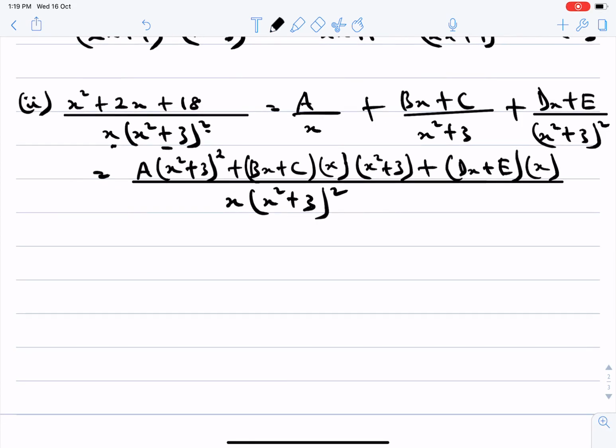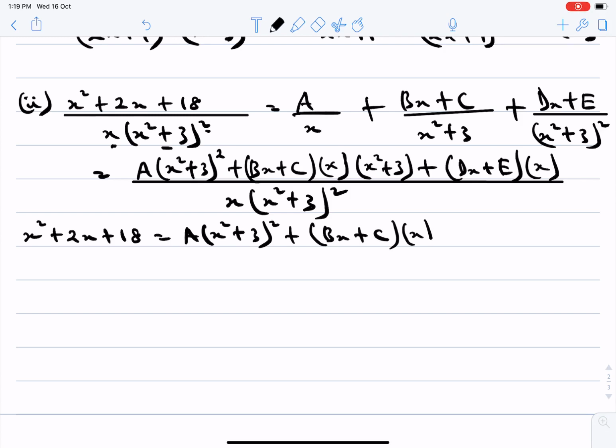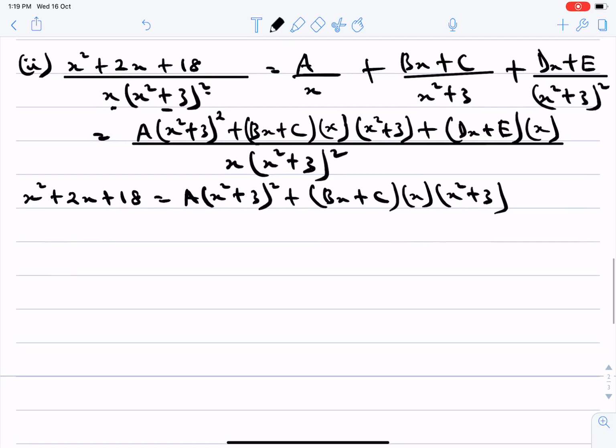Now the numerators are the same, the denominators are the same, and that means the numerators are also equivalent. x squared plus 2x plus 18 equals a times x squared plus 3 squared plus bx plus c times x squared plus 3 plus dx plus e times x.